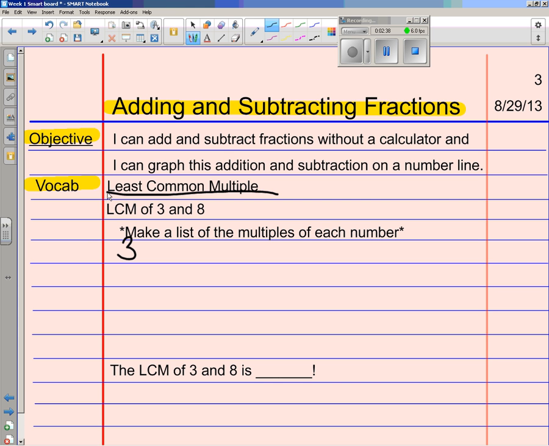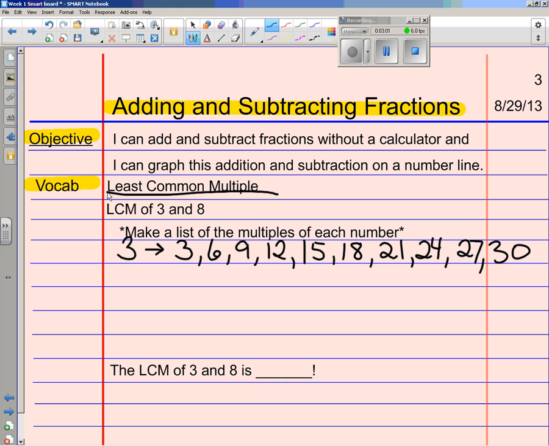I like to write the 3 with a little arrow afterwards, and then I start my list. 3, 6, 9, 12, 15, 18, 21, 24, 27, 30, and on and on and on.